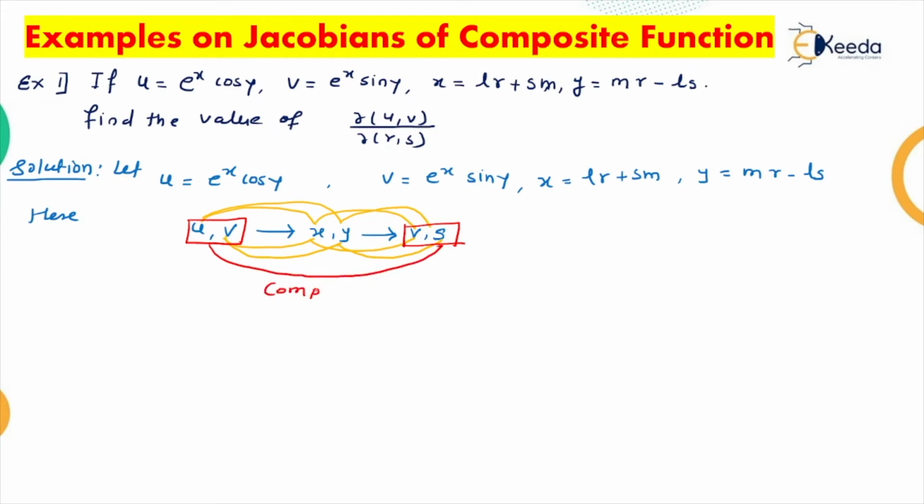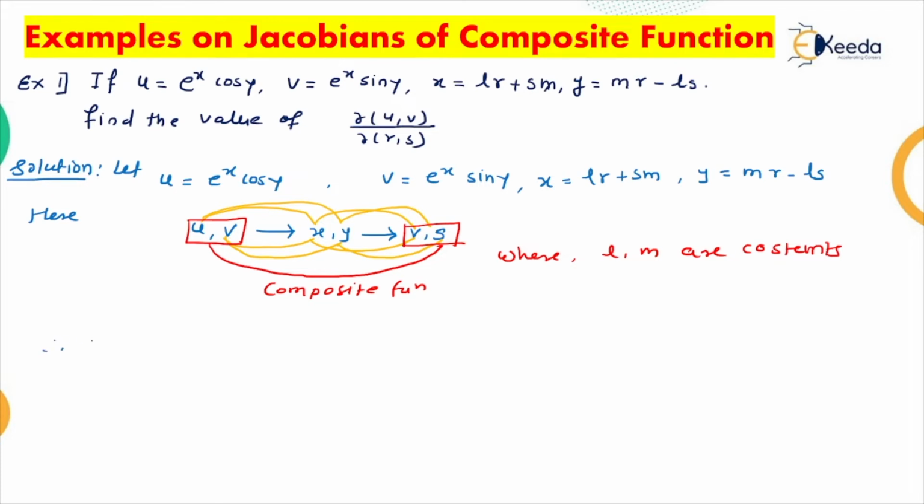Here l and m are constants. Now we have to find the Jacobian of the composite function.